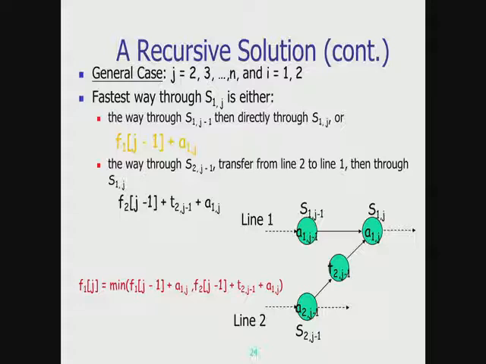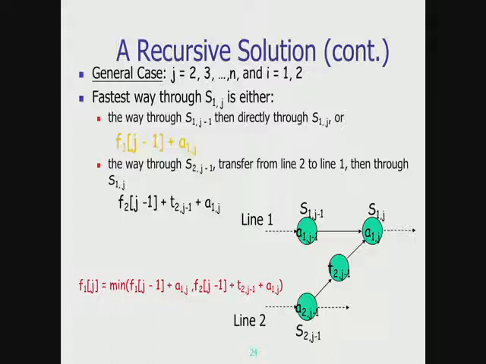In general, we can write down a recursive specification of F1j or F2j. They are symmetric. Let us just look at the case for F1j. So the fastest way through S1j has only two possibilities.